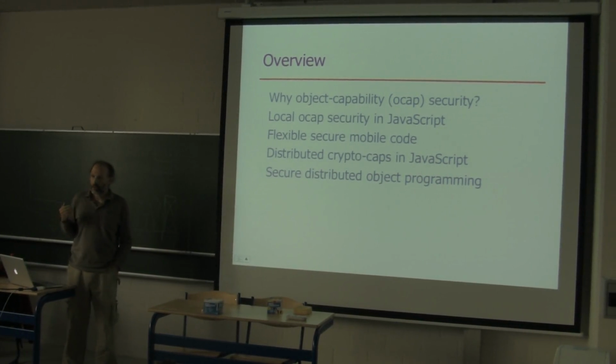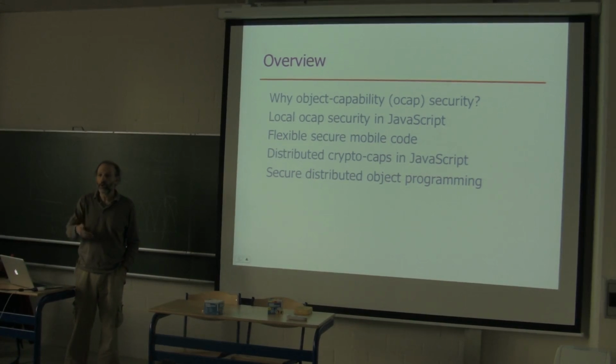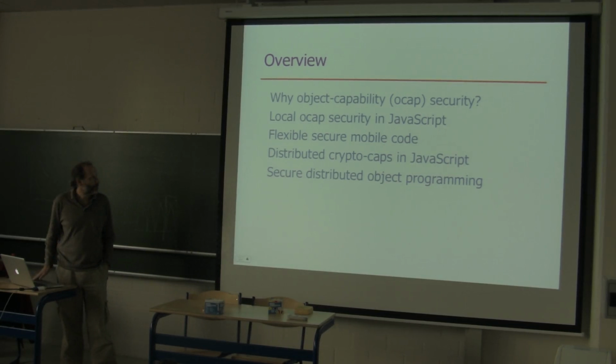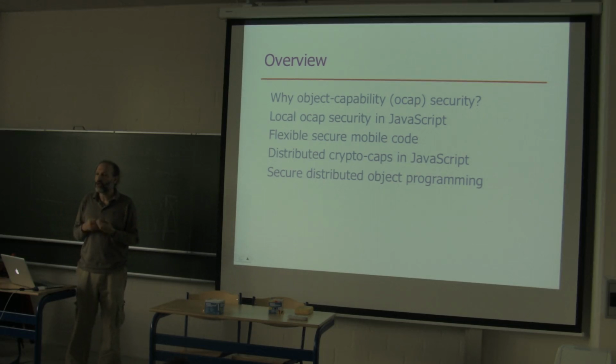How to extend from there to support flexible and secure mobile code in JavaScript. Then, beyond mobile code, how to extend onto the network to message to remote objects and still keep the virtues of the security model you're about to see as we extend onto the network by using cryptography. And then I'll bring all of these elements together to paint the picture of uniform, secure, distributed computing.